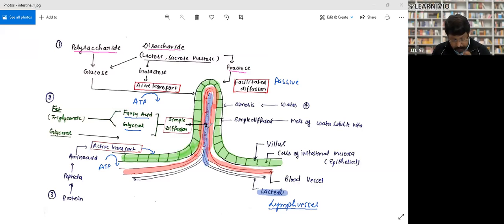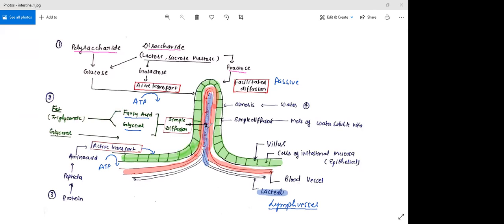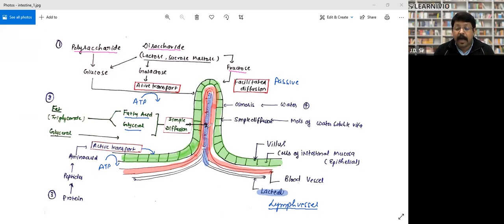Next, about 90% of water absorption occurs at the small intestine by the process of osmosis.